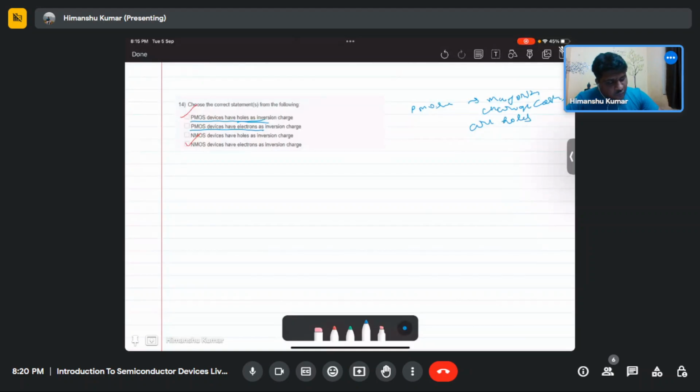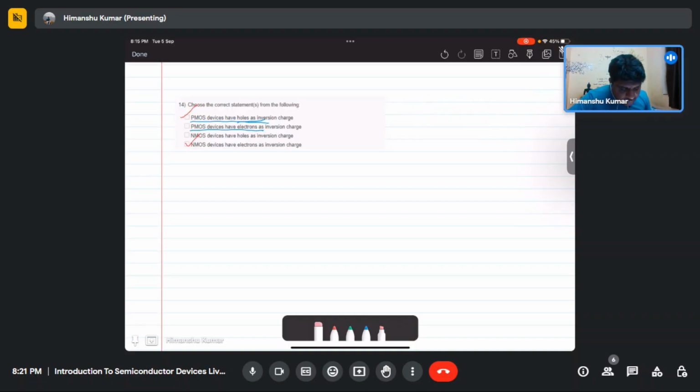So what are the majority charge carriers? No, not this, it is not related to that. So PMOS is basically formed when, this has some confusion, so let's just solve it.